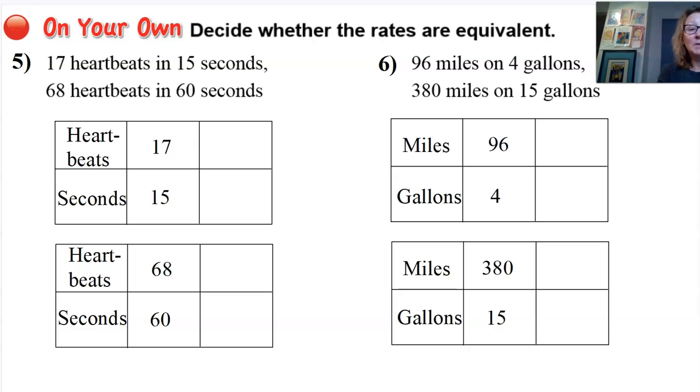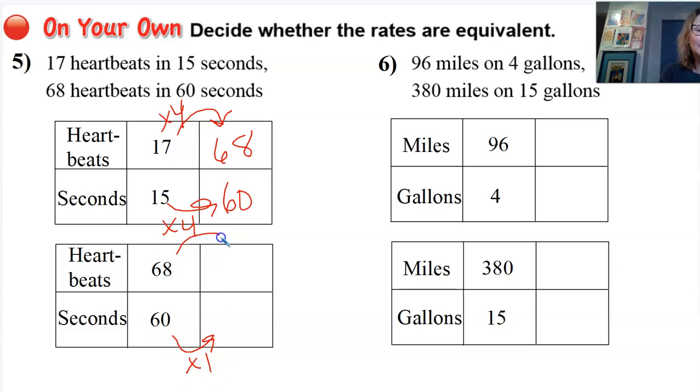So I think on this one, it makes sense to go ahead and multiply this times 4 to get 60 seconds, right? Sometimes it's easier to take your heart rate for only 15 seconds and then multiply it by 4 to get 60. So then this is times 4 and you get 68. And this one's already 68, right? So if I want to go ahead and multiply it by 1 and multiply it by 1, those numbers are not going to change.